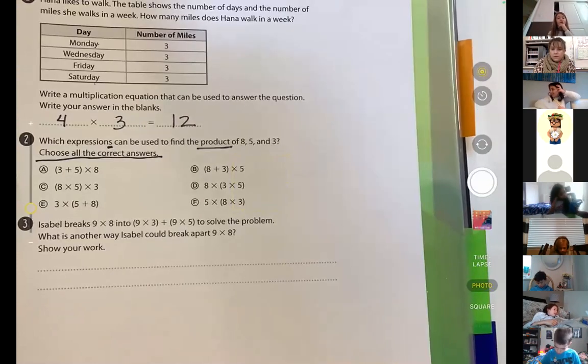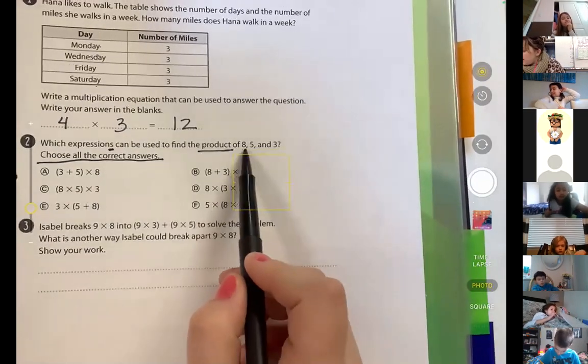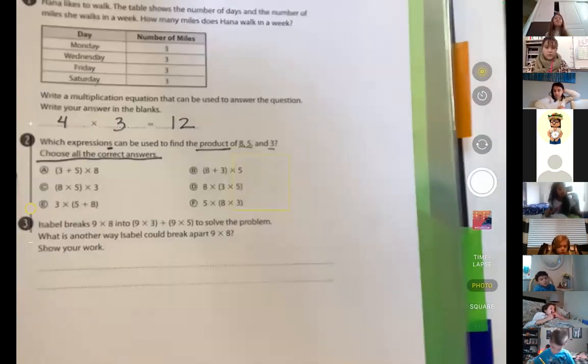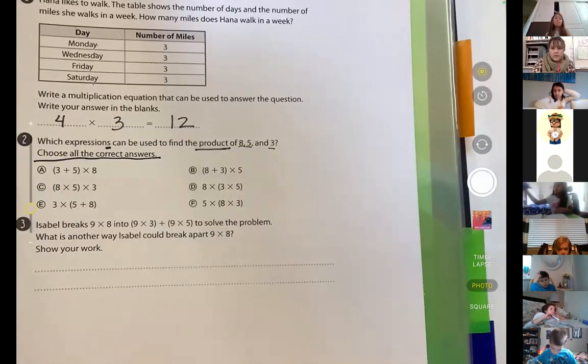So we are looking for which ones are showing the product of 8, 5, and 3. I want you to look at those. Think about it for a second. Looking for the problem that shows us multiplication for 8, 5, and 3. So think about it. I'm going to give you a minute.